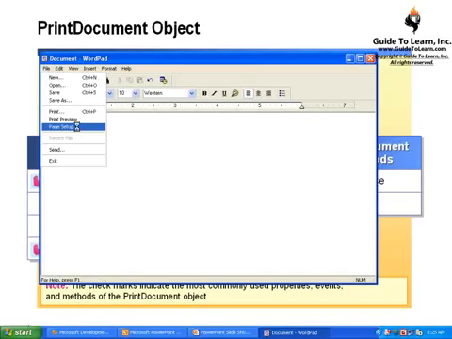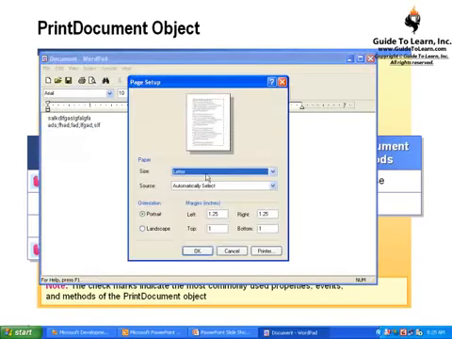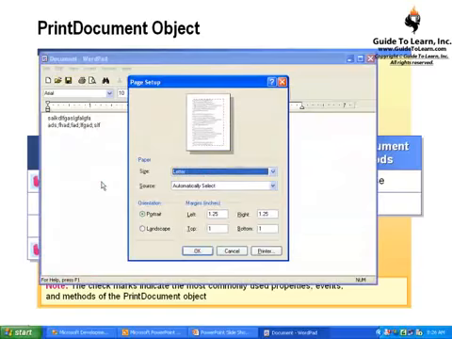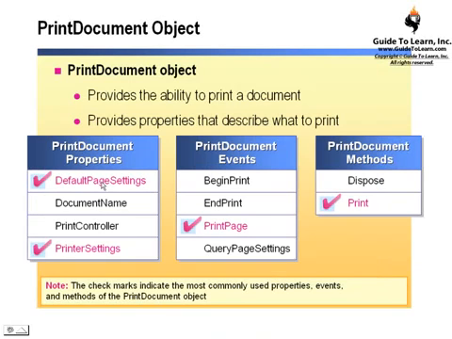If I click on page setup, all the information that you see here can be manipulated using default page setting. So you can do anything you do graphically, programmatically. Of course, the document name and print controller can be changed, but you don't change those programmatically. You're just getting whatever the document name is, the information of the file.